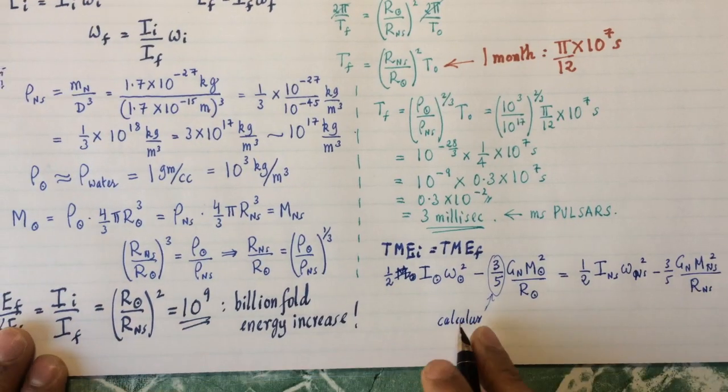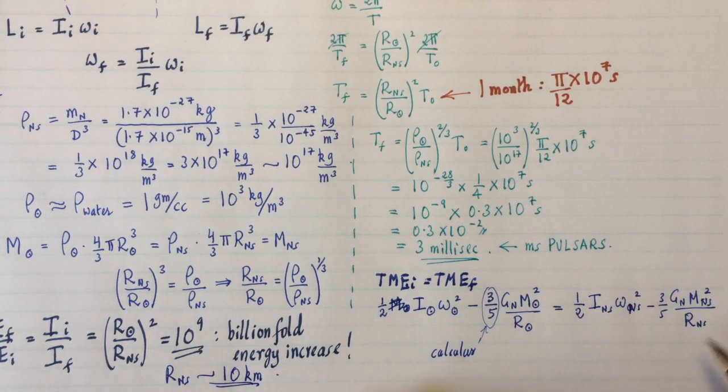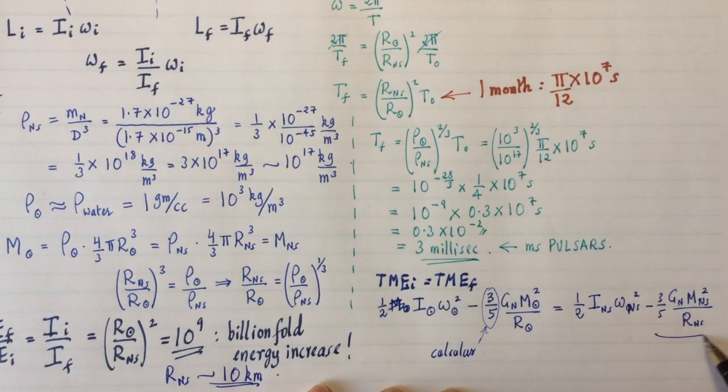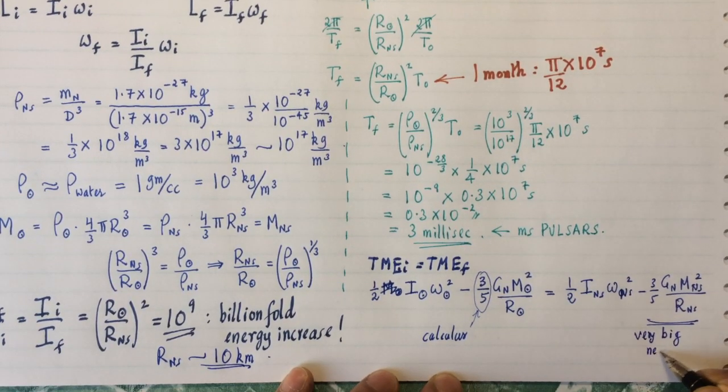So just to give you an idea, the radius of most neutron stars is about 10 kilometers. So that's the size of Rochester. It's really small. So this is going to be a very big negative quantity.